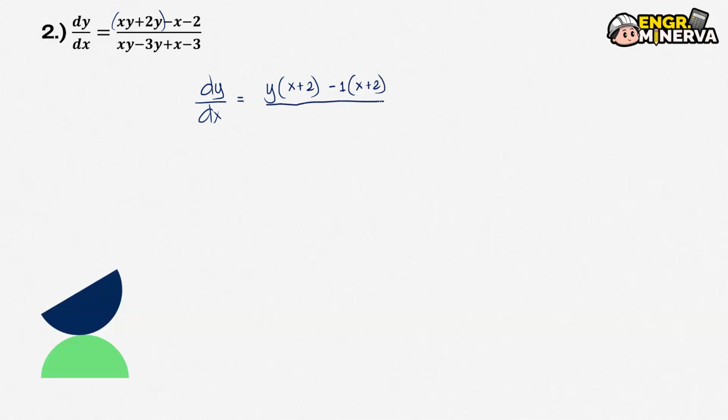For the denominator, we can factor out y again, leaving x minus 3, and you have 1 here, x minus 3. By using algebra, we can group the terms into y minus 1 multiplied by x plus 2 over y plus 1 multiplied by x minus 3. In this case, we can now say that our differential equation is variable separable.